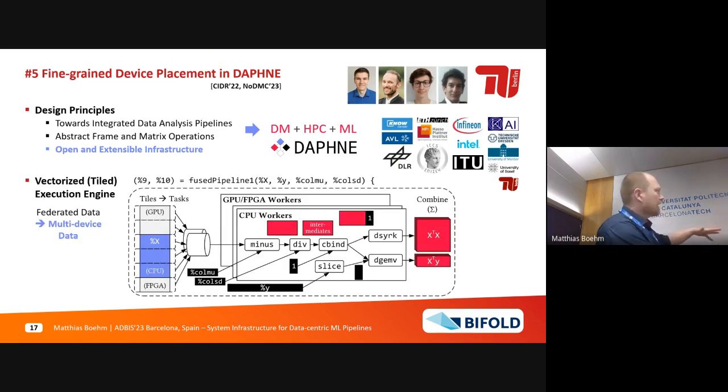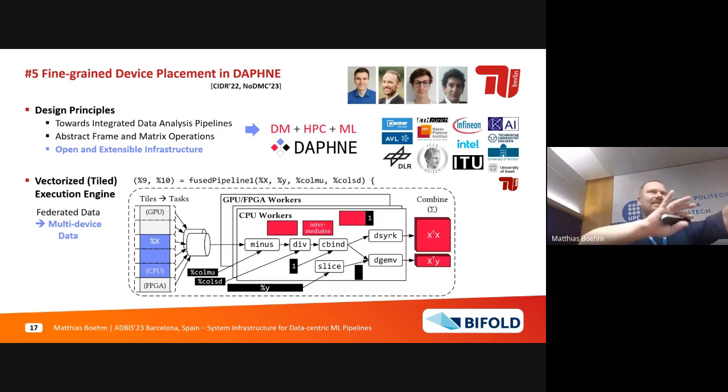Now in DAPHNE, we try to better support heterogeneous hardware, and we are going through an MLIR, multi-level intermediate representation, compiler stack. MLIR you can view as a library of compiler infrastructure to make it more cost-effective to build domain-specific languages. However, some of the concepts from federated learning apply here too.